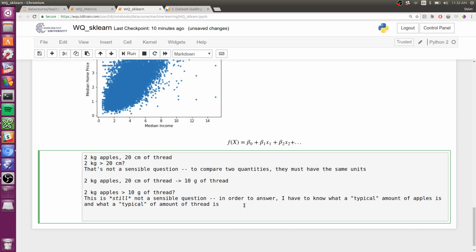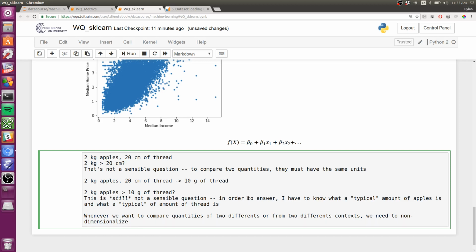Whenever we want to compare quantities of two different things, or from two different contexts, we need to non-dimensionalize the quantities.